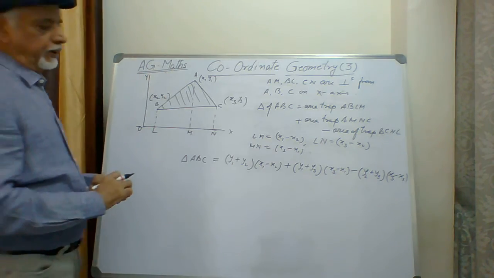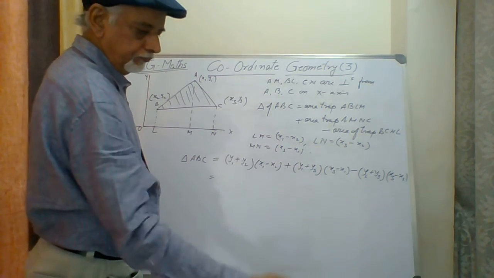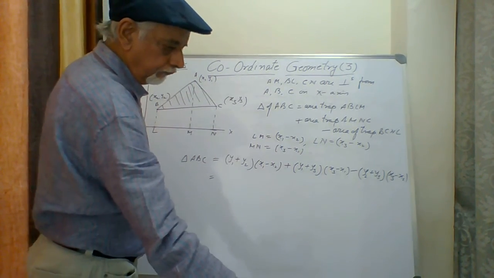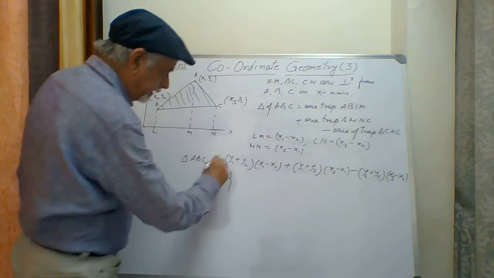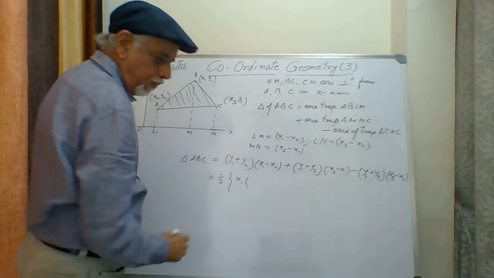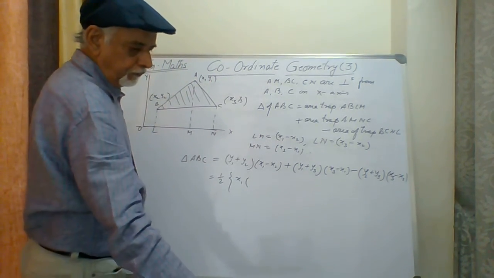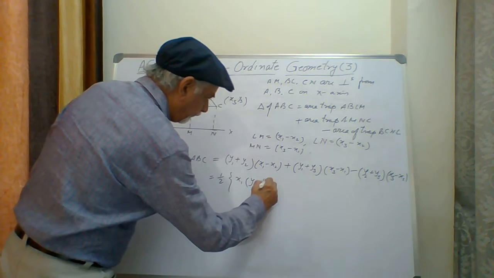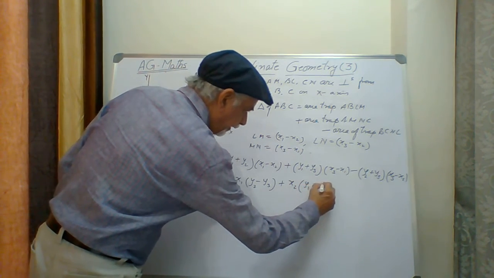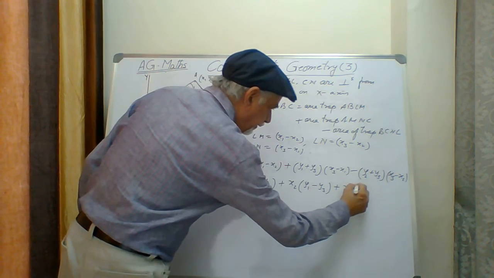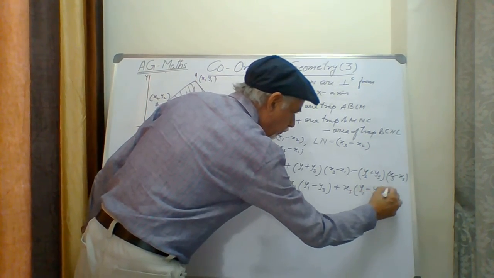You open this and rearrange. Then what will we get? The area of the triangle will be half of, I am arranging in the order, x1 into (y2 minus y3) plus x2 into (y3 minus y1) plus x3 into (y1 minus y2).